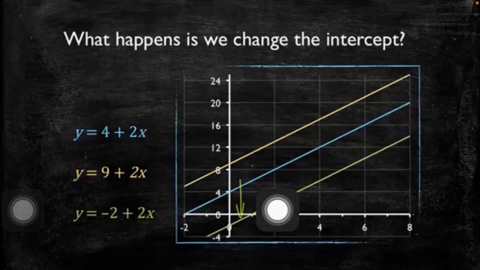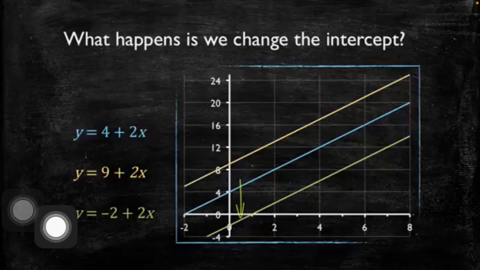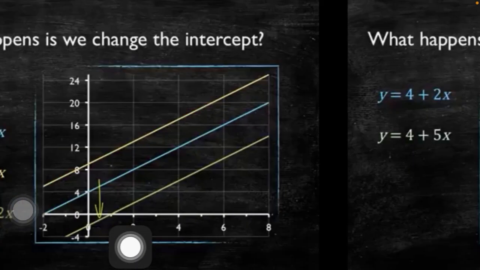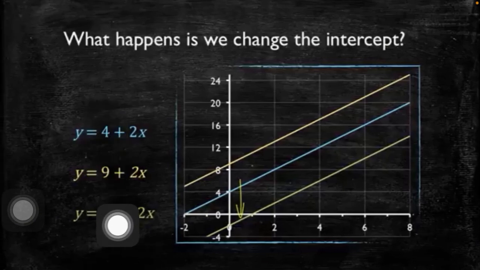These are the graphs of linear equations where we change the intercept, that is, the value of beta naught.